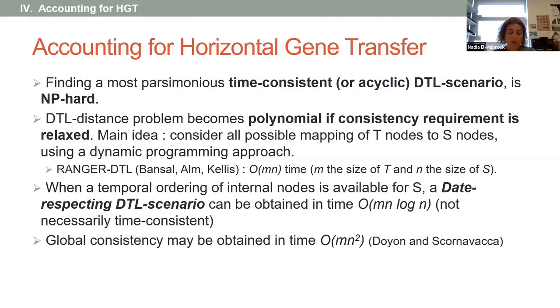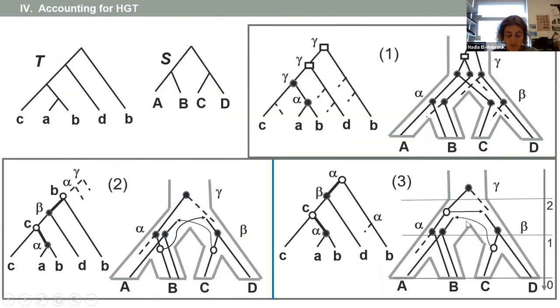When a temporal ordering of internal nodes is available for the species tree, the DTL scenario must respect this ordering. A DTL scenario respecting a dated tree is called a date respecting DTL scenario. So for example, this scenario here is not date respecting.